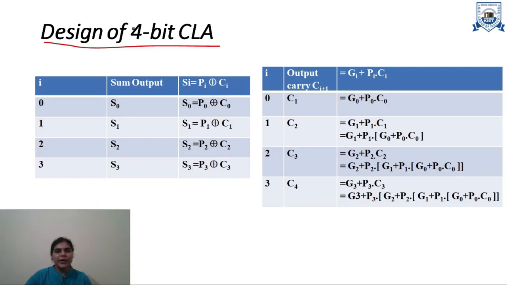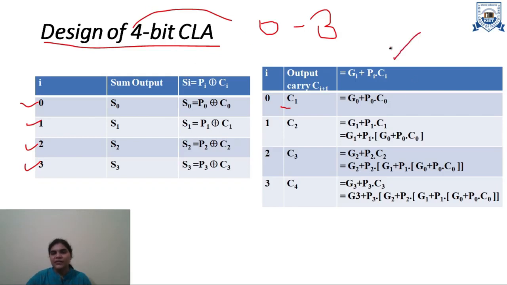For 4-bit, i will be 0 to 3. So for each value, we will calculate the equation of S as well as carry output. In this carry look-ahead adder, we are always concerned with the carry output.